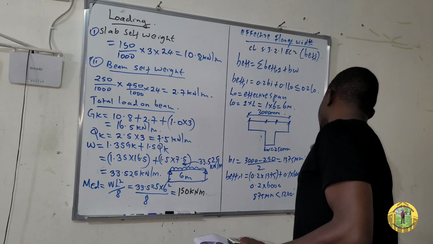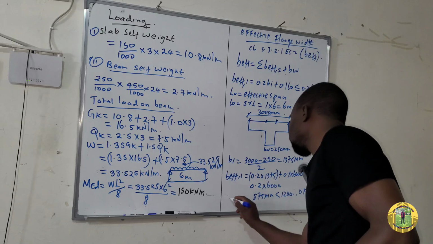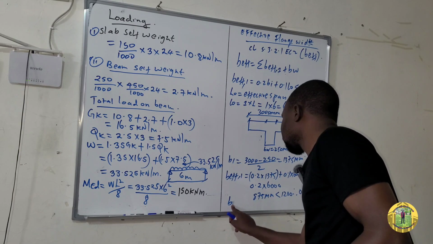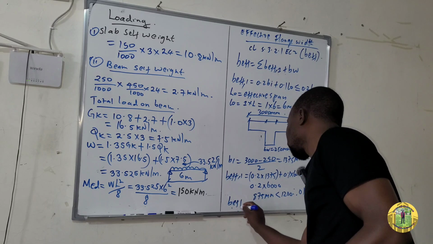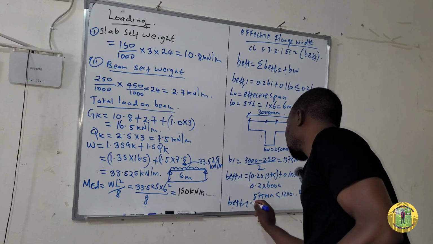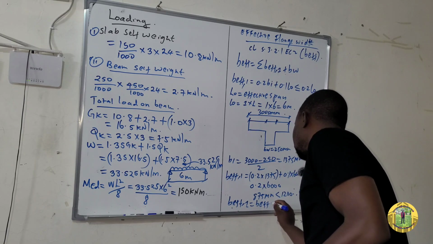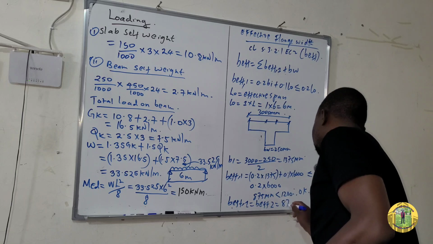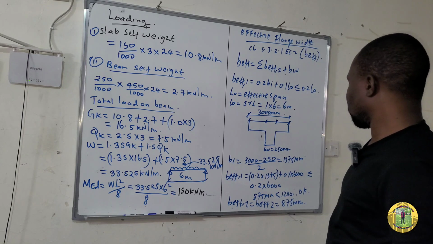Therefore, BEFF1 is equal to BEFF2, which is equal to 875 millimeters.